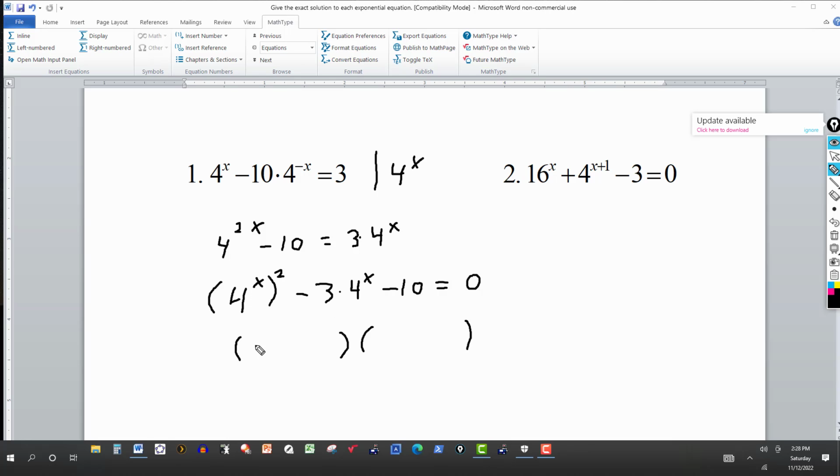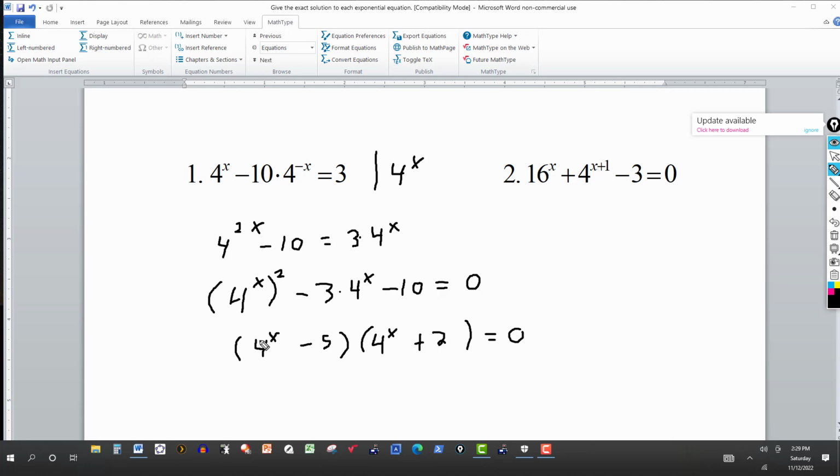So let's try to factor this out. 4 to the x and 4 to the x. So all I'm doing here is saying that 4 to the x quantity squared has those two factors. And then I want to find factors of minus 10 that will come out with this middle term. And that should be a minus 5 and a plus 2. And this will still be equal to 0.